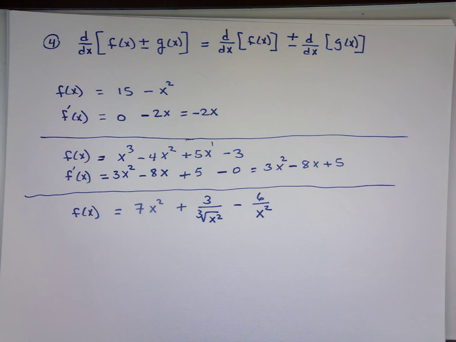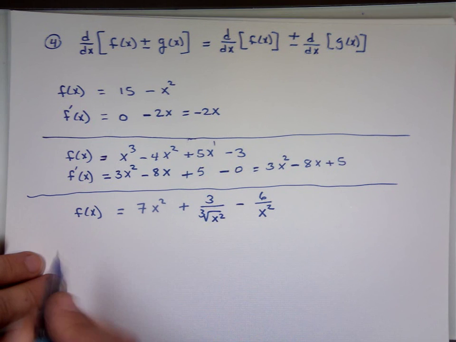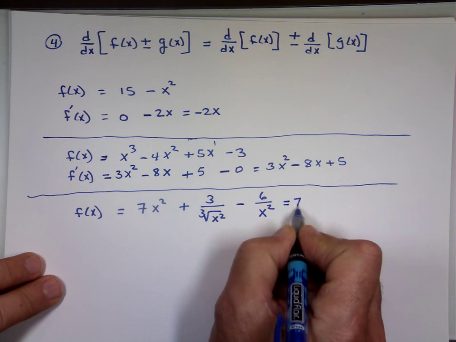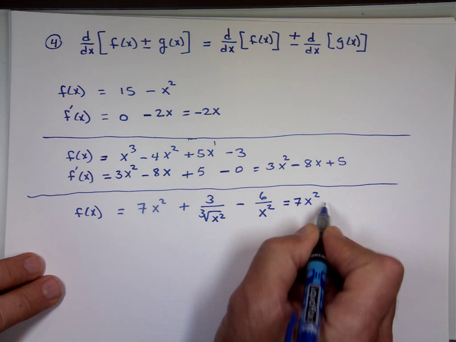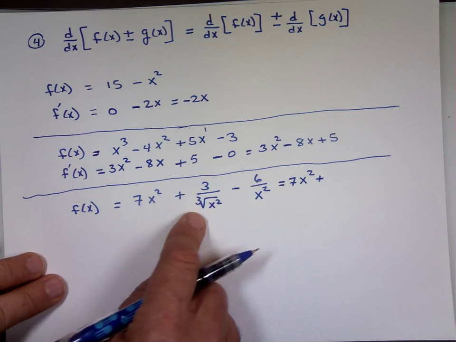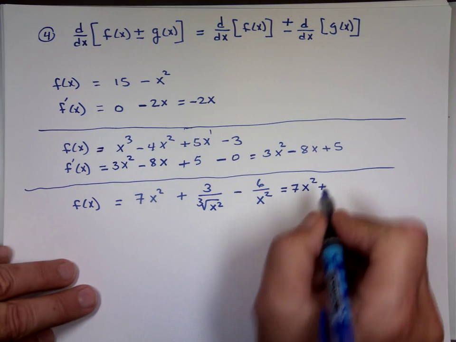What I might do with this first, I'll do one step, rewrite this before I take the derivative. So I'm not taking the derivative yet. This will be 7x squared plus, I can rewrite, that's a cube root. This will be 3x to what power?